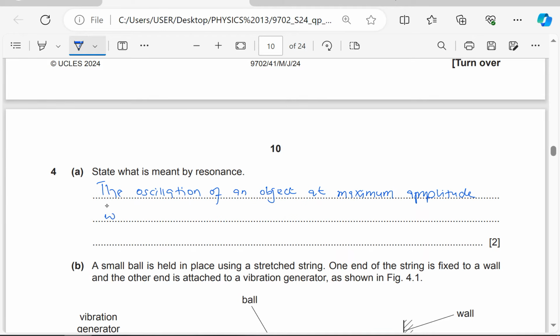This is normally when the driving frequency equals the natural frequency of the system.